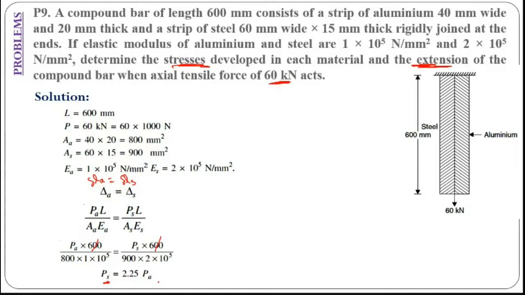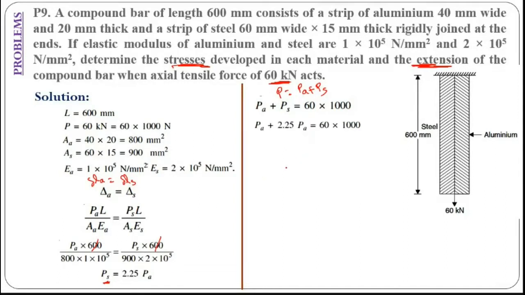We'll go for the next formula. What is the next formula? Your force is distributed, so P is equal to PA plus PS, which means PA plus PS is equal to 60 into 10 power 3. Now we can equate these two.